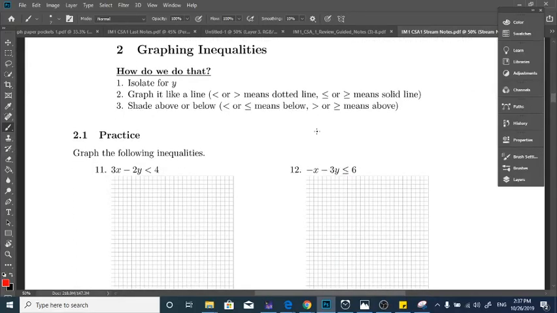All right, inequalities. This was one of the ones where I think we need a little bit more help. So we have these symbols. We need to understand what these mean.